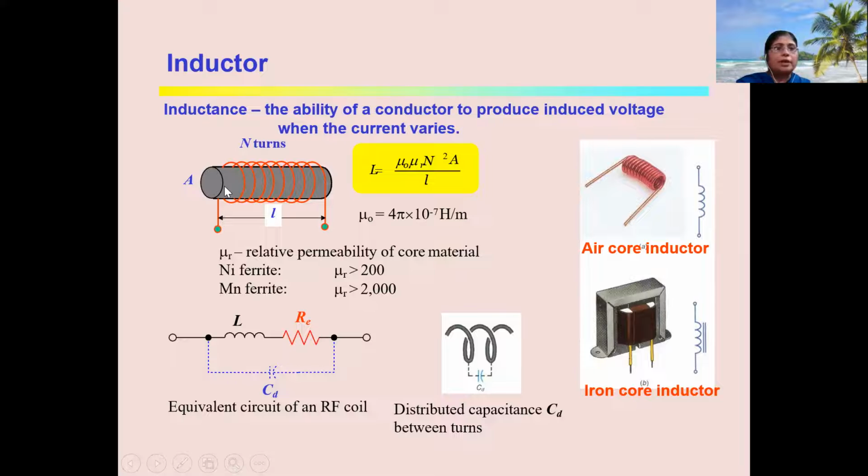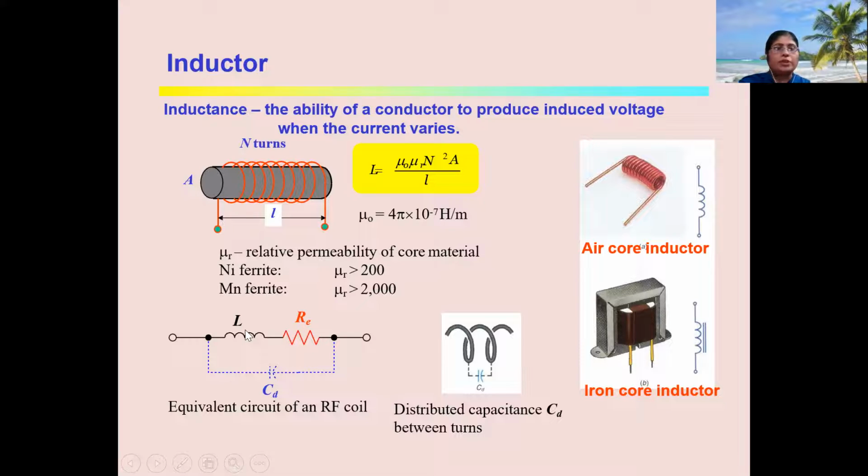You can see in the diagram there is a core on which the wire is wound. If l is the length, N is the number of turns, mu R is the relative permeability of the core, and mu naught is the permeability of free space, then the inductance L is given by mu naught mu R N squared A upon l, where l is the length, A is the area, N is the number of turns, mu naught is the permeability of free space, and mu R is the relative permeability of the core material.